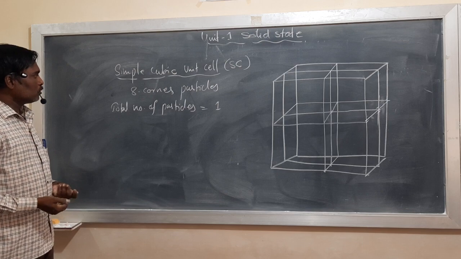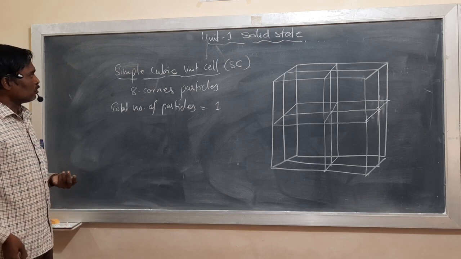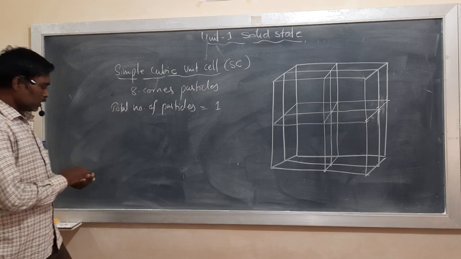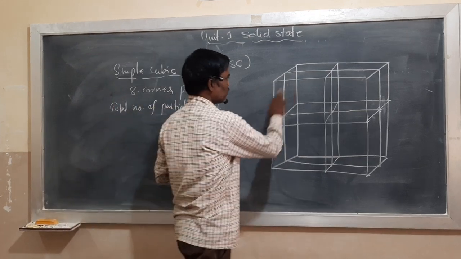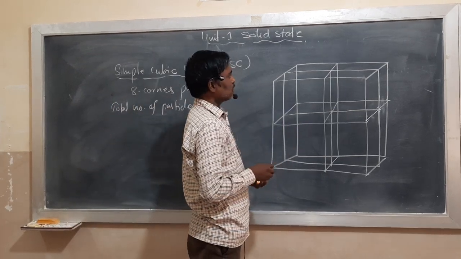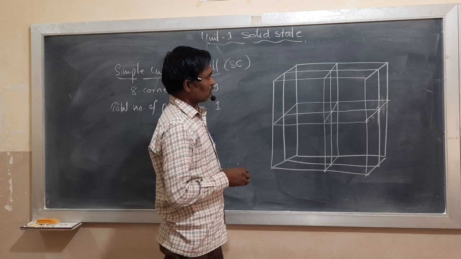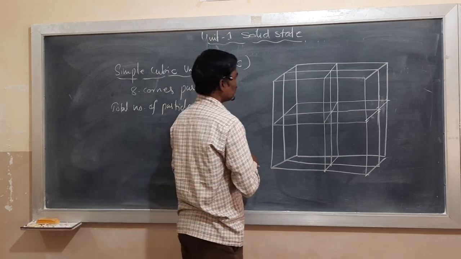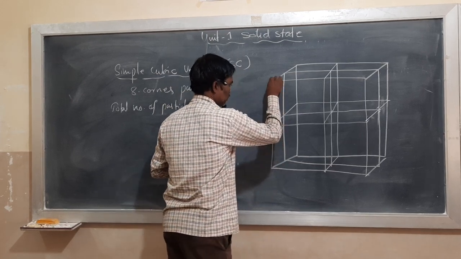Let me show you how to calculate the number of particles in a unit cell. In simple cubic unit cell, for that I have drawn here one diagram, which contains 8 unit cells. Let me show you the unit cells. This is the first one.